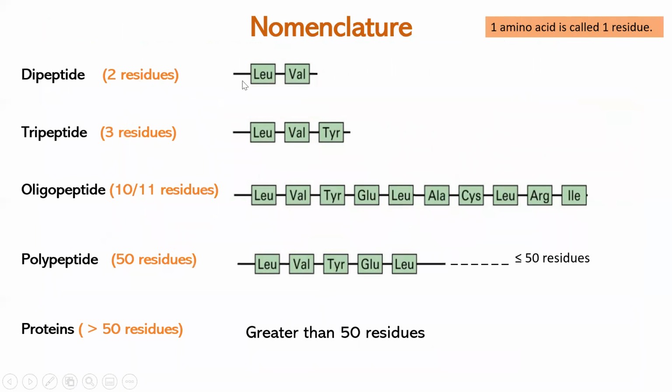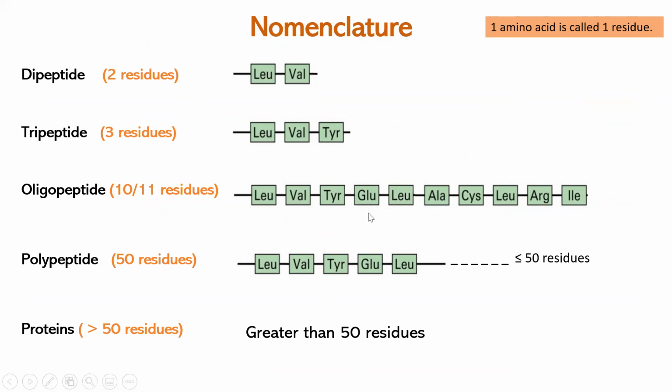When you put it together in very simple language, this is how it's going to look, okay? There is a dipeptide, of course, you can understand that di means 2. So these are the 2 residues coming together, it forms a dipeptide. 3 residues coming together is a tripeptide.